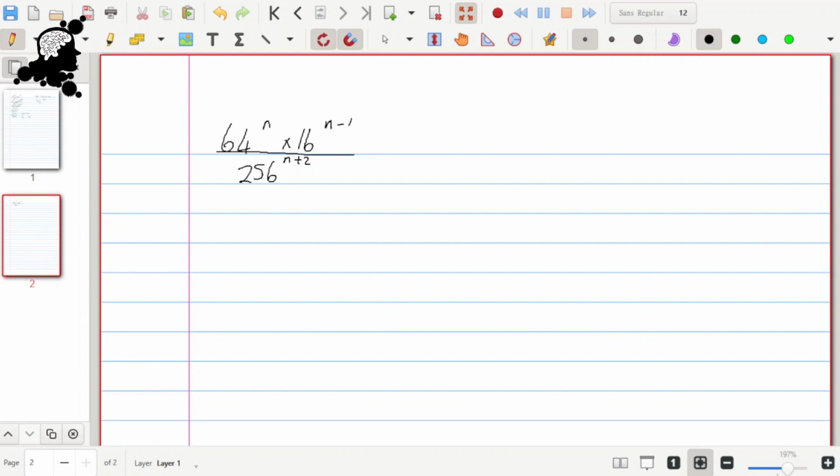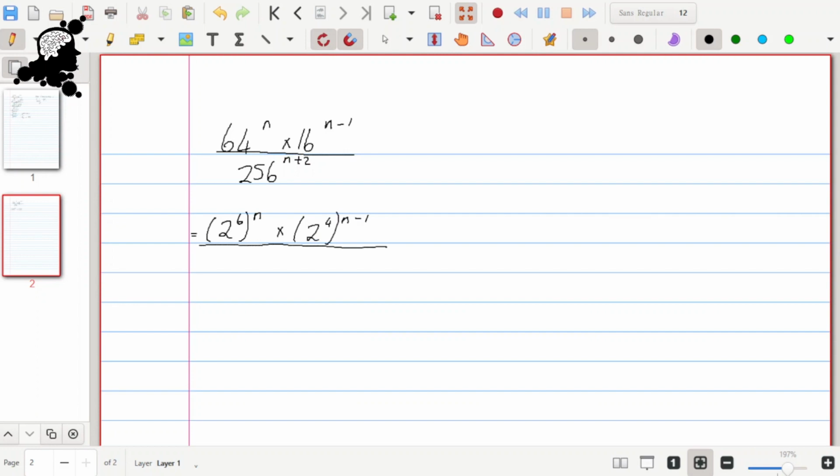Right, once again, the first step in answering this question is to make sure that we write all of our bases as prime numbers. So 64 as a prime number gives me 2 to the power 6, to the power n. Multiply by 16 as a prime number, that's 2 to the power 4, to the power n minus 1.